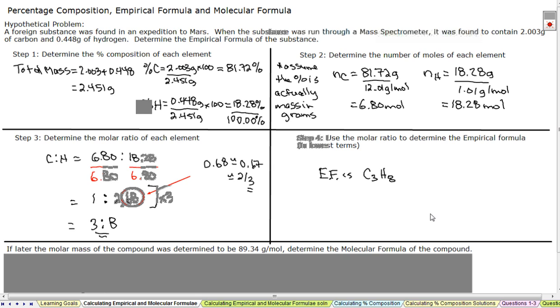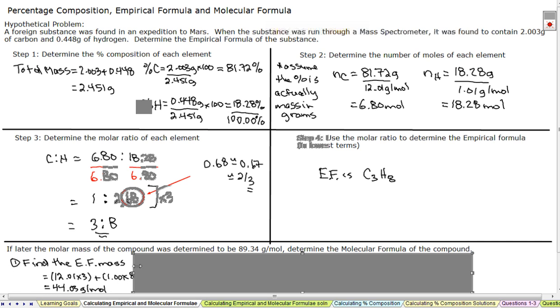So now it turns out that later, through some more work, we determined the molar mass of the compound, and it was 89.34 grams per mole. If I know the molar mass and I know the empirical formula, I can determine the molecular formula of a compound. And this is broken up in a couple steps here. The first step is to find the empirical formula mass.